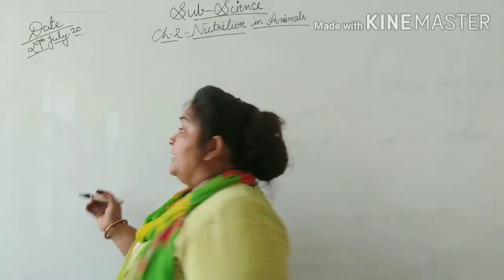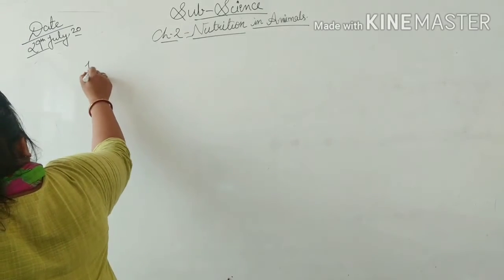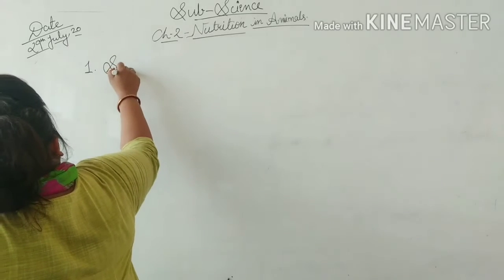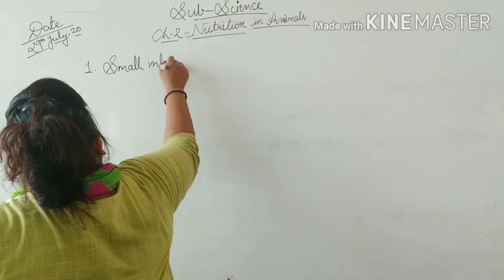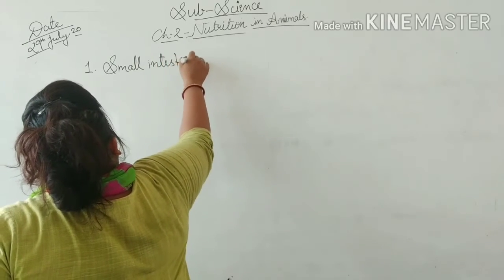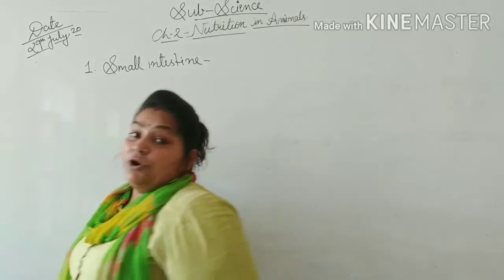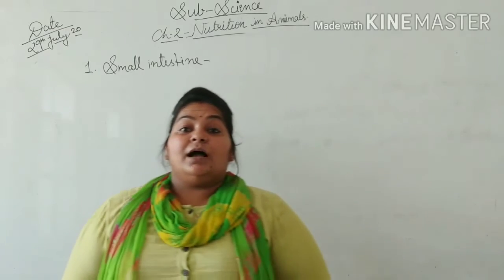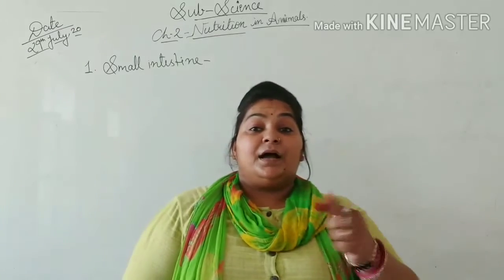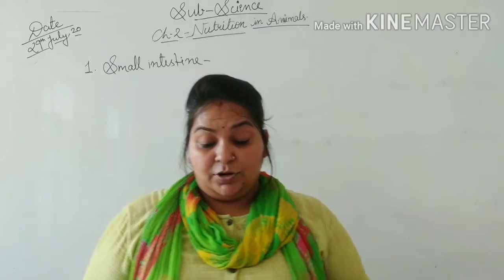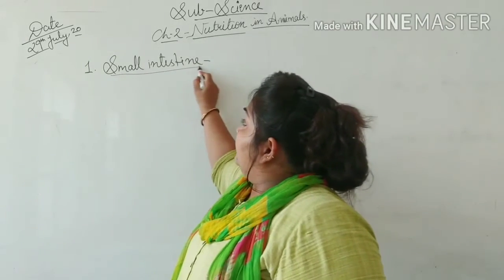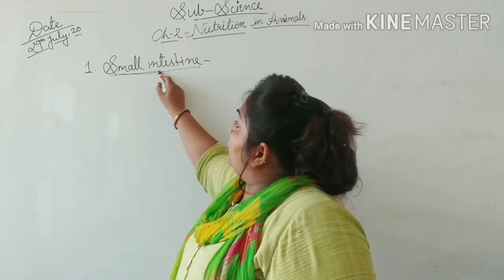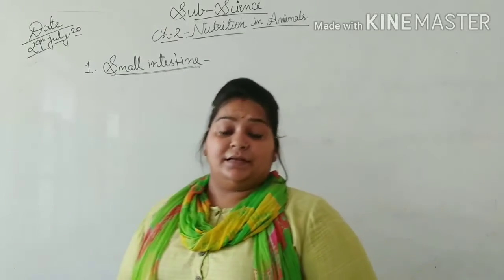In number 1, what is the underlined word? It's small intestine, isn't it? The small intestine is marked with red. So according to the statement, what should be the right answer?